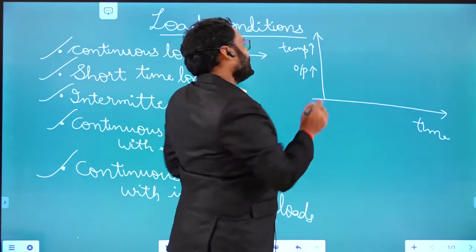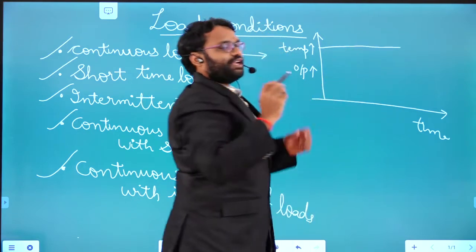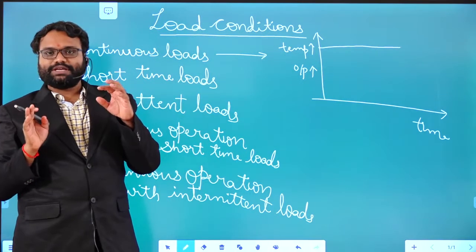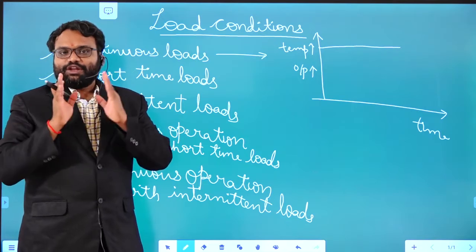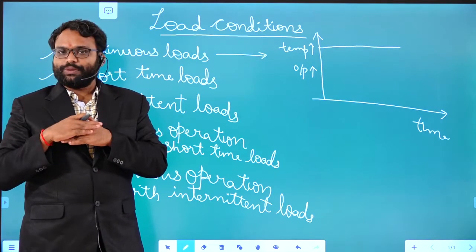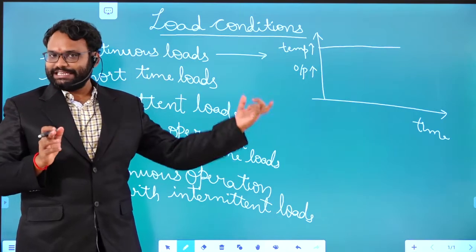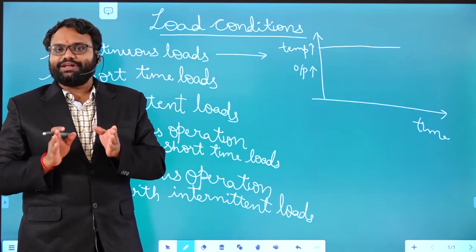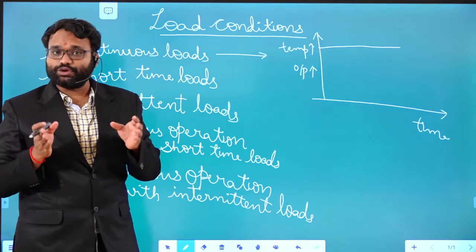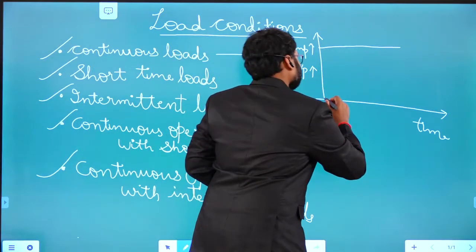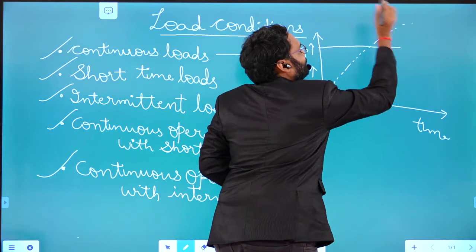As we know, constant load means the consumption of that particular loading condition will be more or less constant. That means we are consuming the particular load constantly throughout a certain time interval, let us say t. The very interesting thing is that the temperature will go like this, like this, like this.